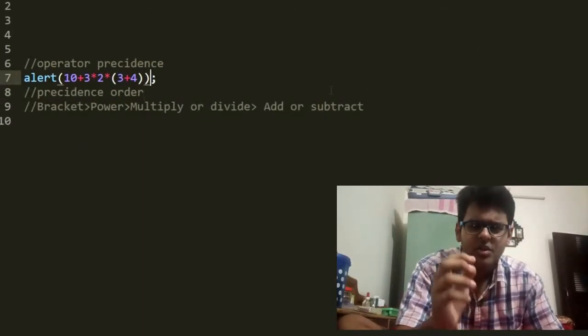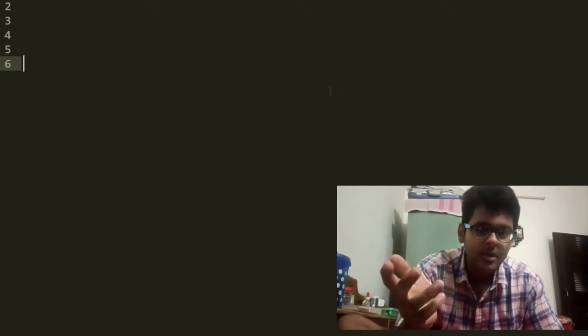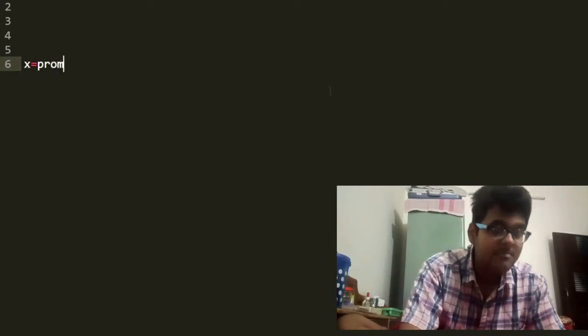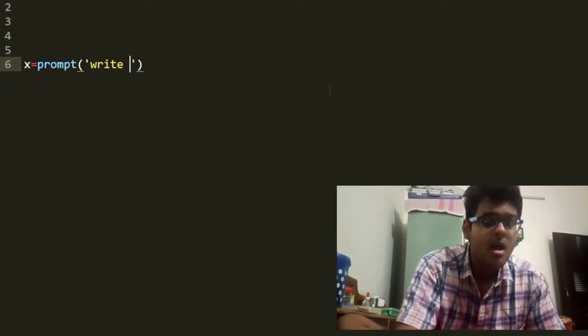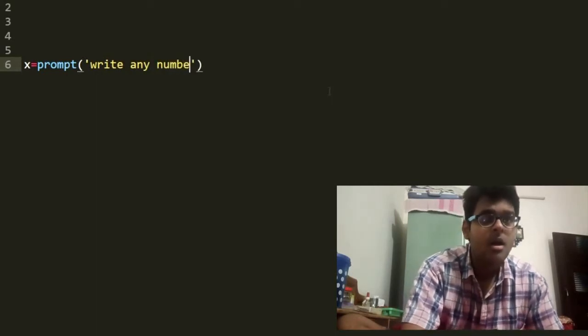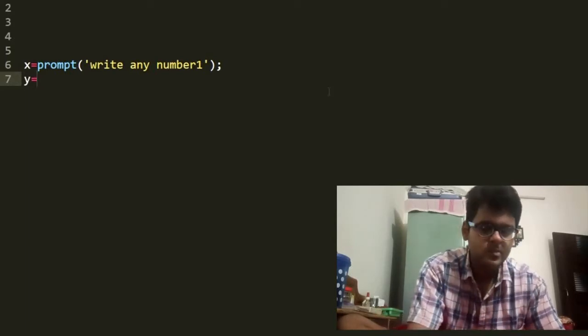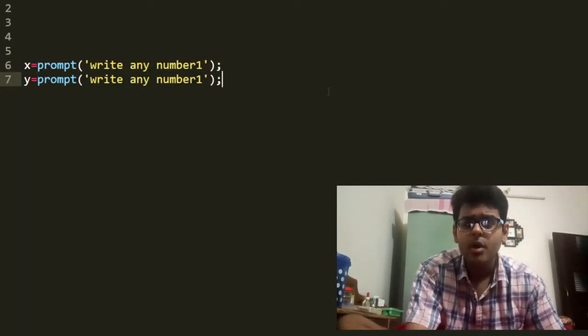Okay, now we will see how you can do these arithmetic operations using the prompt method. We'll say x equals prompt, write any number 1. Similarly we do this statement again, write any number 2.